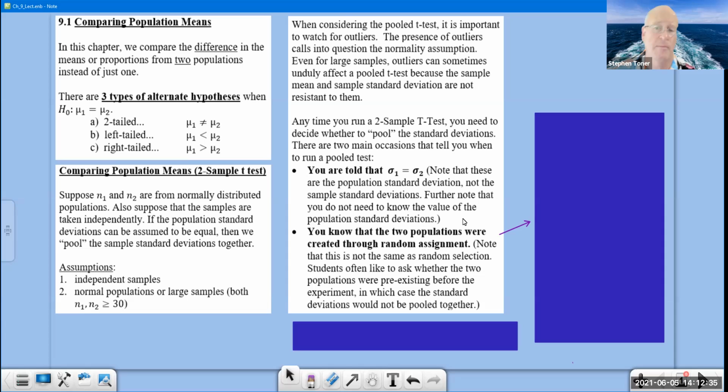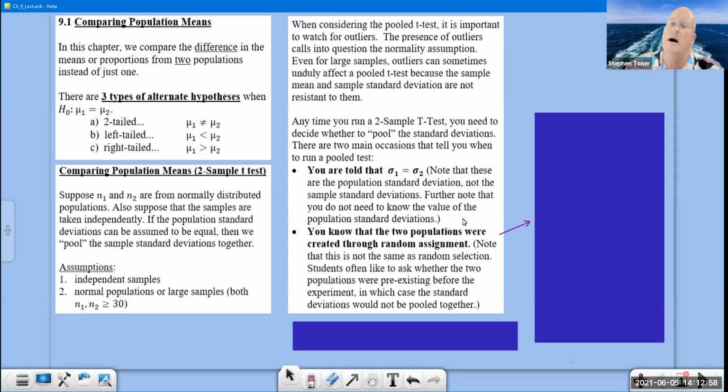Notice that these are the population standard deviations that are assumed to be equal, not the sample standard deviations. Further, you do not even need to know what those population values are. You just need to know that those population standard deviations are assumed to be equal. So they will tell you that, or for some reason you will know that.